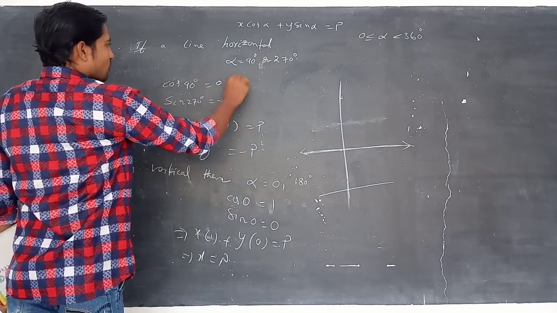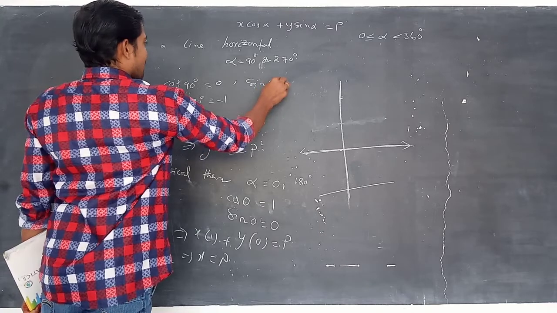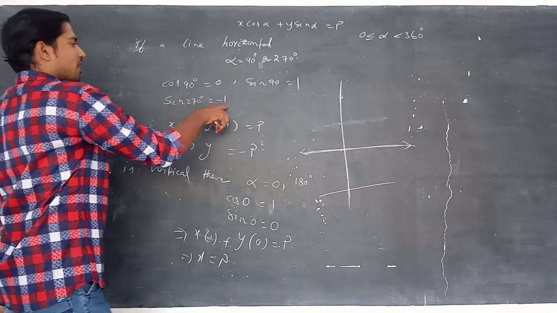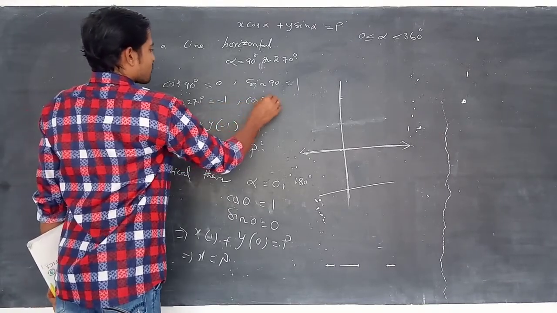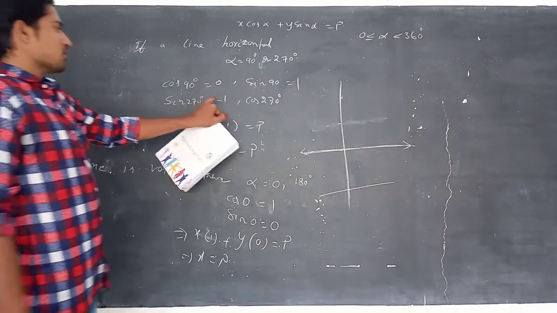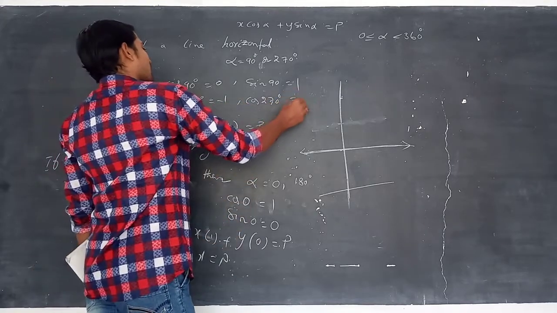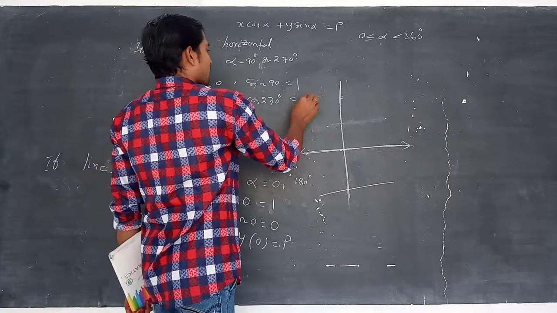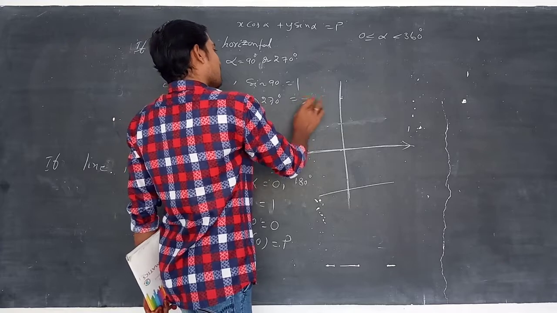Here we have to do one more case. Sin 90 is 1 and sin 270 is minus 1, and cos 270 also we have to find. Remember, in the first case sin 270 is minus 1 and cos 270 is cos of 180 plus 90, third quadrant, minus, which becomes cos 90, and cos 90 is 0.